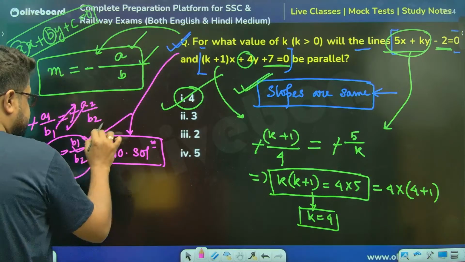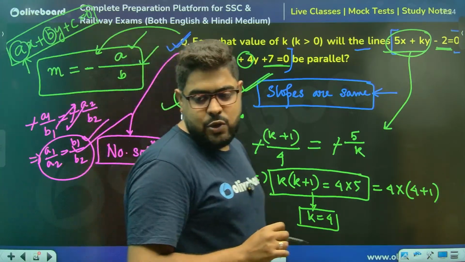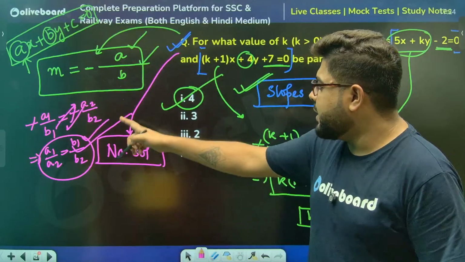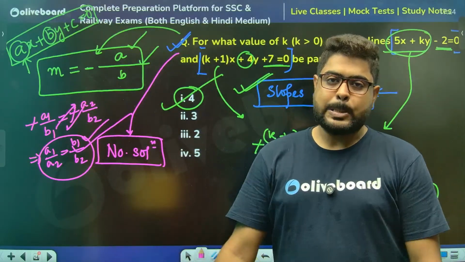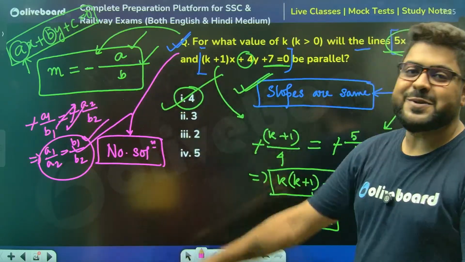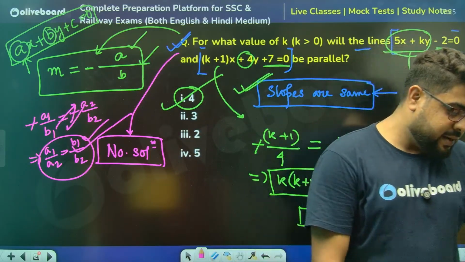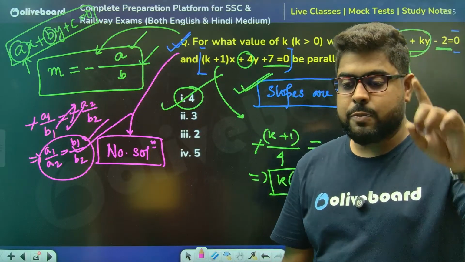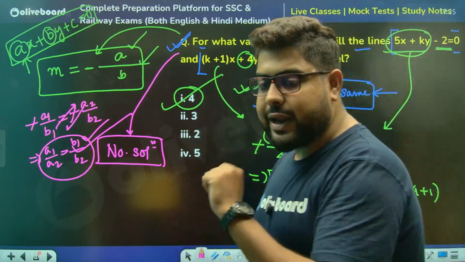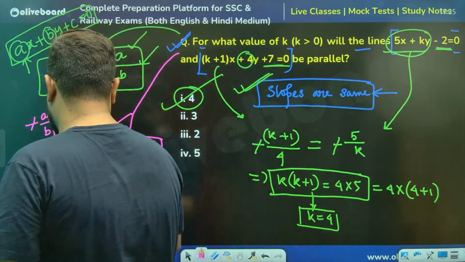And this is what people remember: a1 by a2 equal to b1 by b2. But again, this comes from the concept of slope. Please understand, please learn properly so that you don't forget. This is the proper stuff.